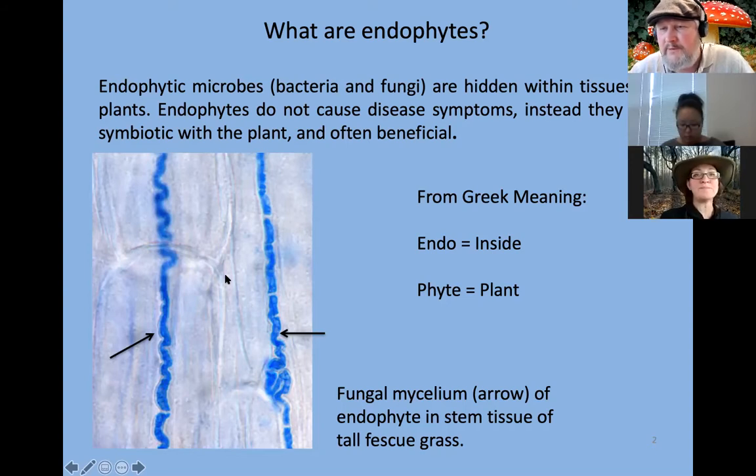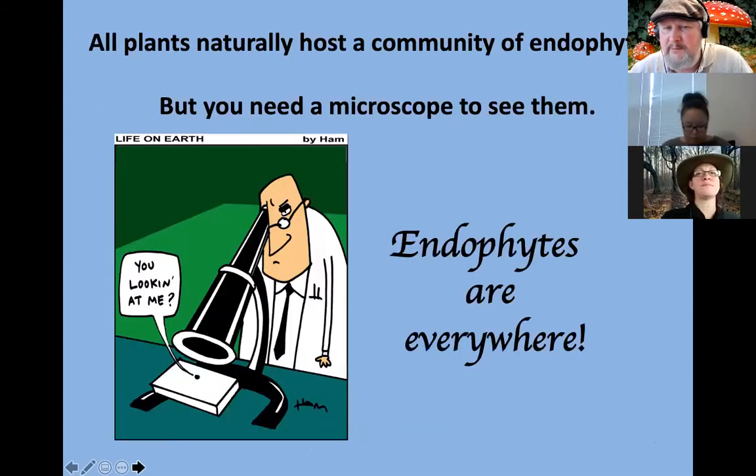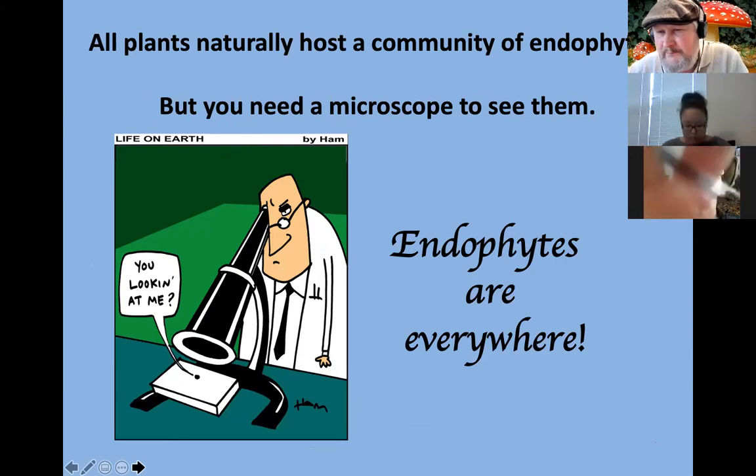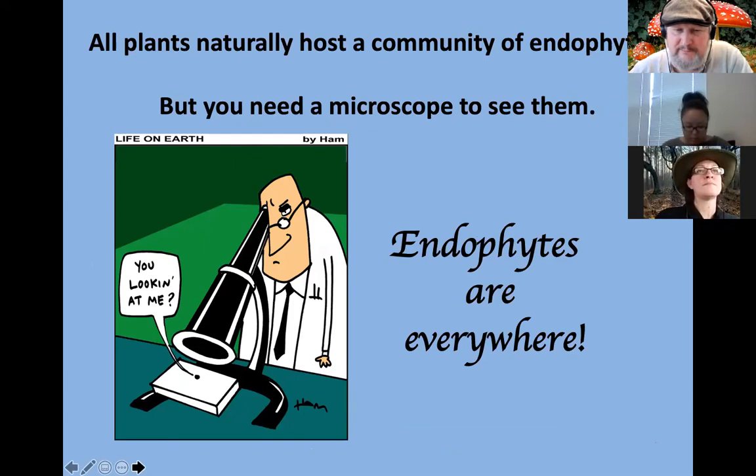Endophytes go into the plant tissues and cause no disease. There's no destructive activity by these microbes at all. In fact, it's beneficial. All plants have endophytes, and it's very difficult to remove endophytes from plants. But you don't know they're there unless you have a microscope and special stains to see them.